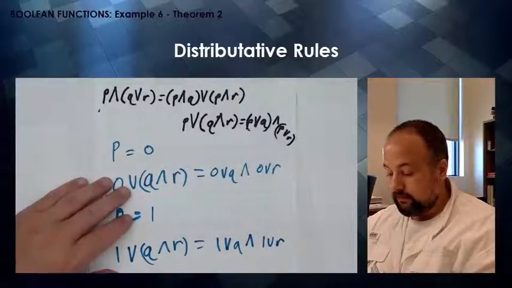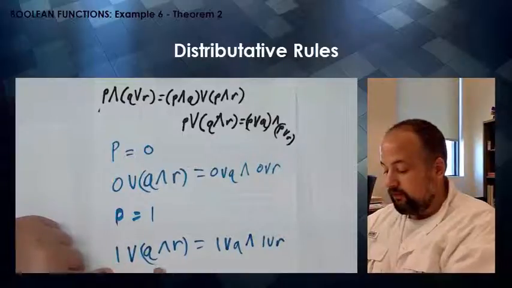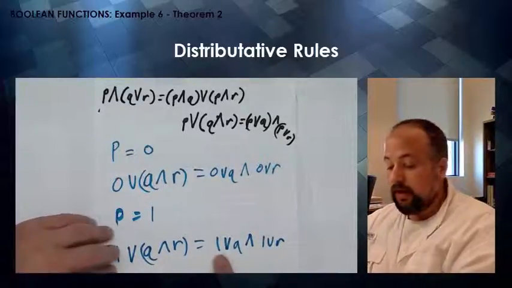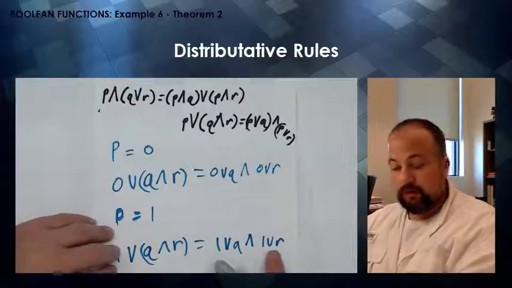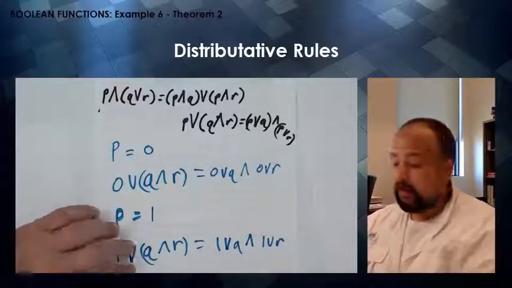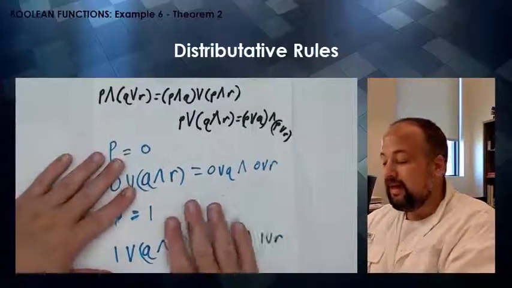Think about it. In this case, no matter what, the output's going to be 1, right? Because it doesn't matter if Q and R are 0, because we're ORing it over here. And this one's going to be 1 because it's an OR with a 1. This one's going to be 1 because it's an OR with a 1. When we AND them together, we're going to get 1. Again, the output is the same. So that's the key thing.